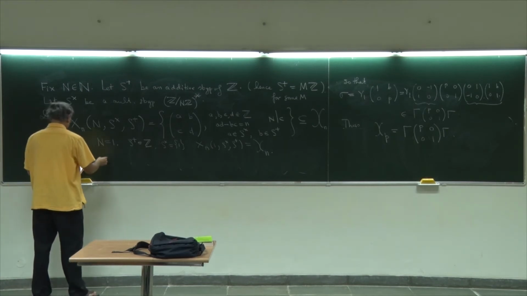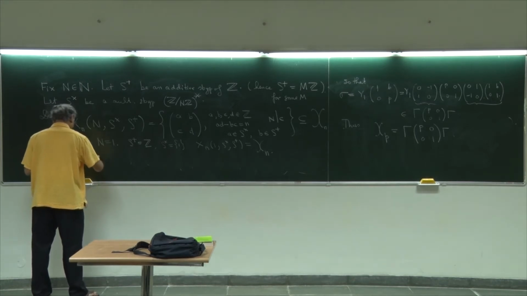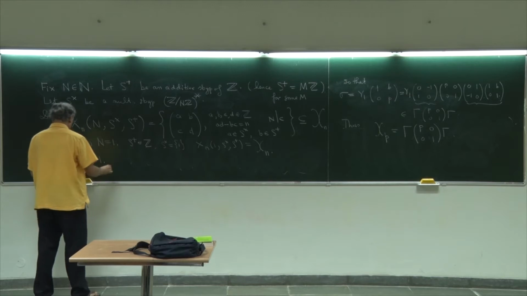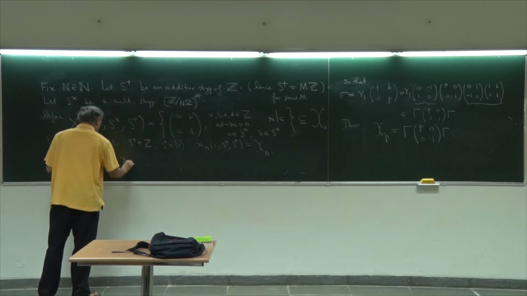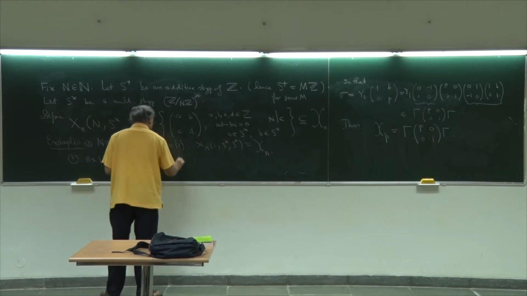And if I take little n equals 1, so this is one example, then X_1 turns out to be Gamma_1(N).